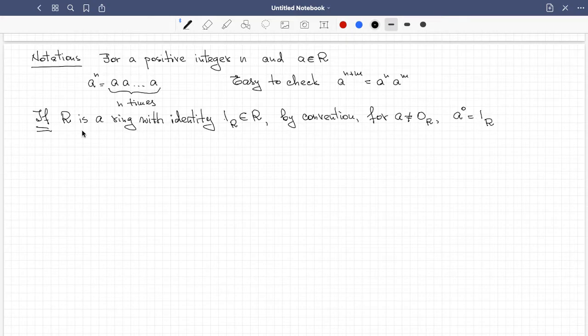If a ring is not a ring with identity, that makes little to no sense. We still have this notation, but we don't have this convention. This convention, of course, is compatible with the power rule, so everything is all right. Additionally to this notation, we can introduce in a ring with identity zeros powers.